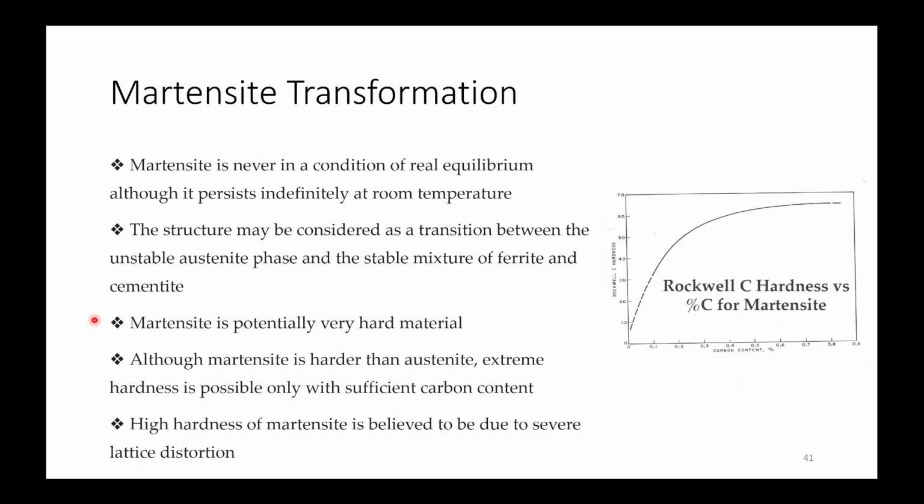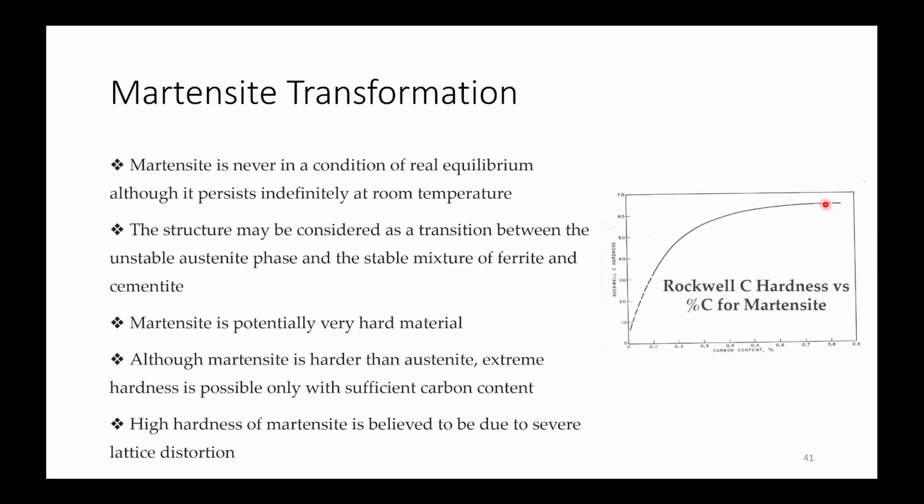Extreme hardness is possible only with a sufficient carbon amount. High hardness of martensite is believed to be due to high lattice distortion. As you keep on increasing the amount of carbon, we see that around 0.8% we see saturation in carbon.